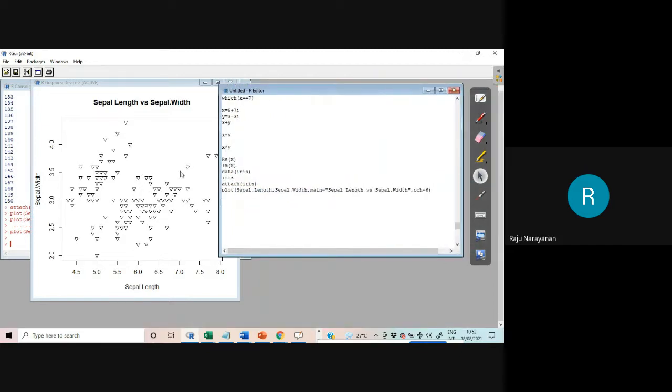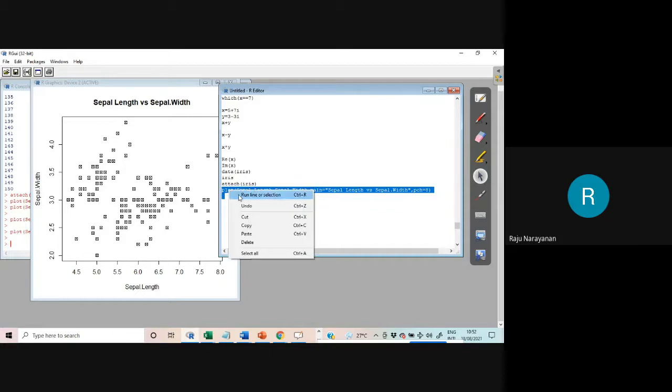Remember that all these things are for beautification purposes only. They will not help you to analyze the data. With pch 7 you will get something else. I don't remember exactly what you will get. You try; I think up to 25 you can go. pch 8, you will get some other thing.